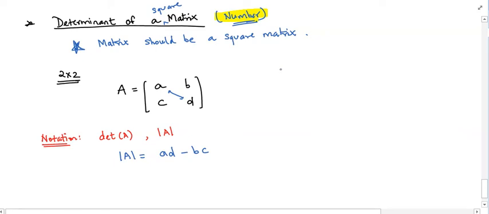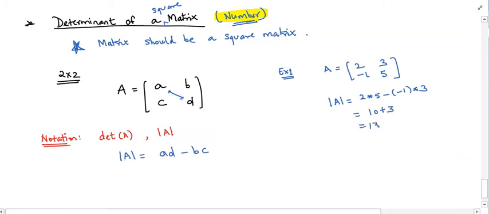So for example, if A is a 2 by 2 matrix with the elements 2, 3, minus 1, 5, then the determinant of A will be 2 multiply 5 minus minus 1 multiply 3. So this gives you 10, minus minus becomes plus 3, 13, determinant of A.